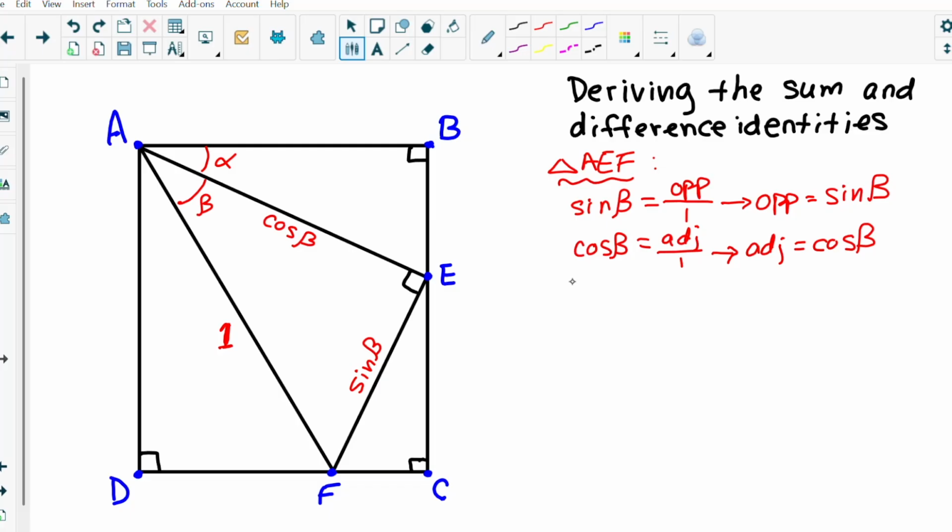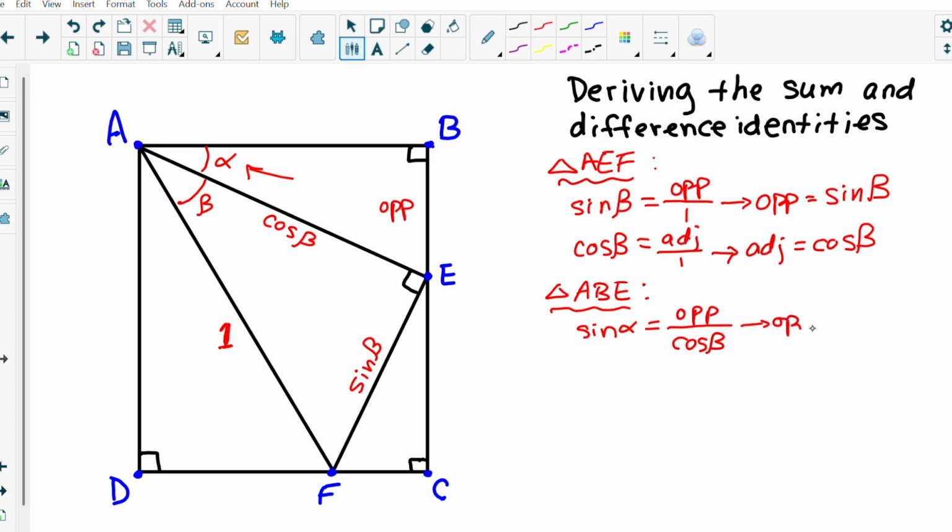Let's look at triangle ABE this time, and let's do the same thing except with angle alpha. So I'll do the sine of alpha, and I'm looking for the opposite side. So the sine of alpha equals opposite over the hypotenuse, and in triangle ABE, the hypotenuse is cosine of beta.